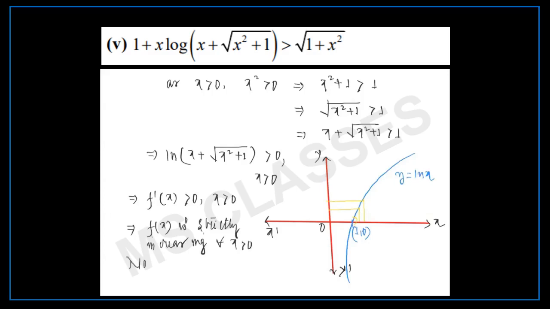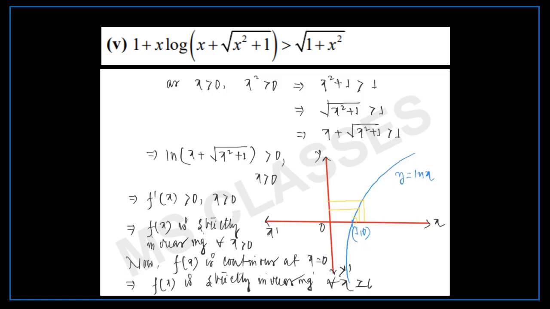Now f(x) is continuous at x equal to 0. This implies f(x) is strictly increasing for all x greater than equal to 0.